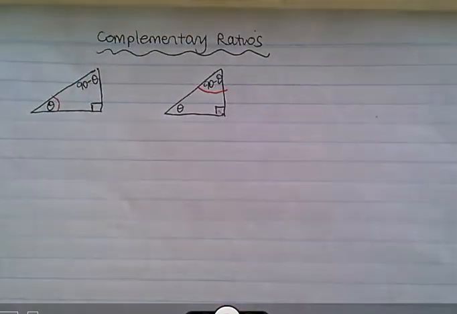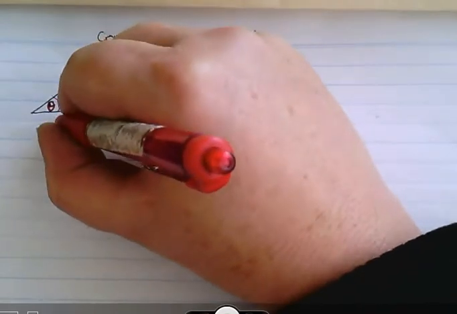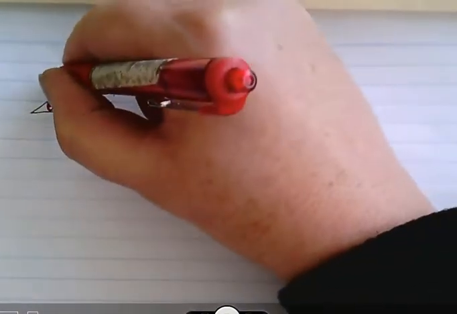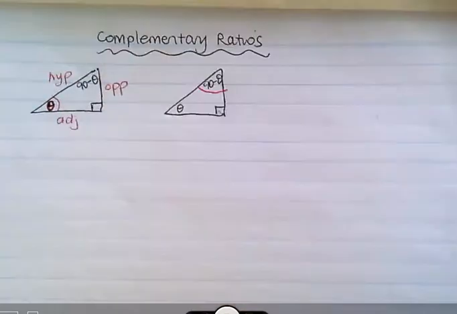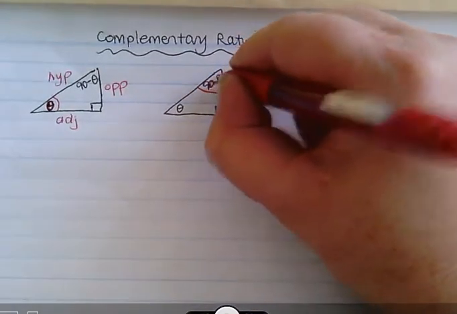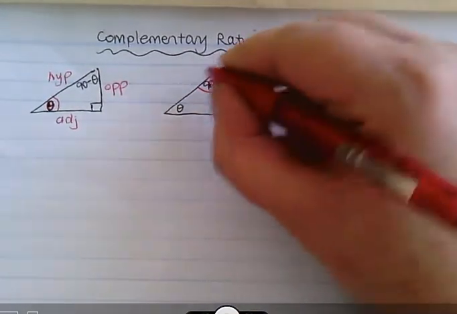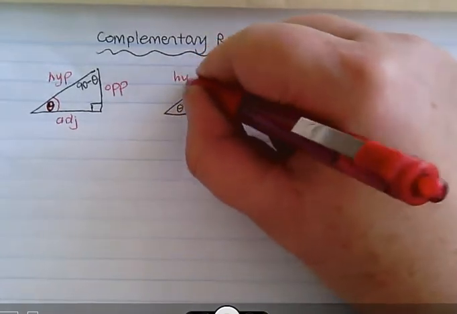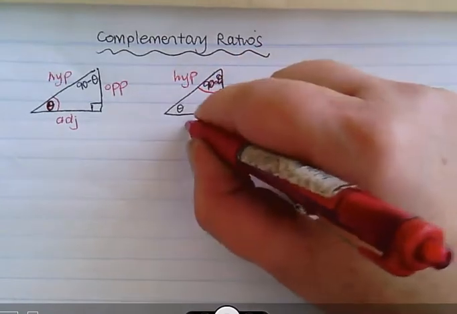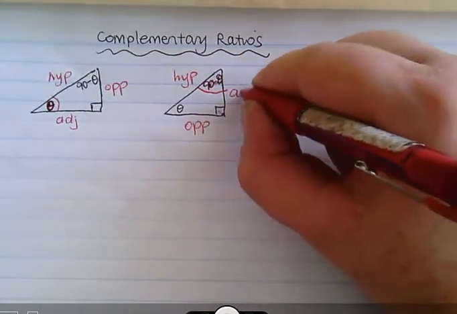So in this triangle, if this is my theta here, then this is adjacent. This is opposite, and this is hypotenuse. And if 90 minus theta is my reference point in my second triangle, then this is my hypotenuse, this is my opposite, and this is my adjacent.